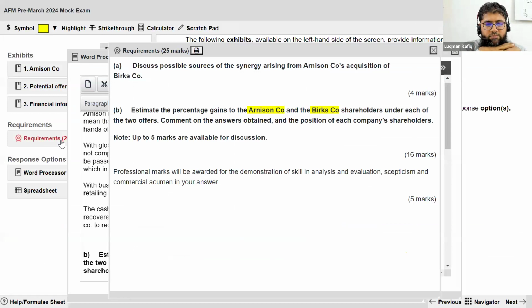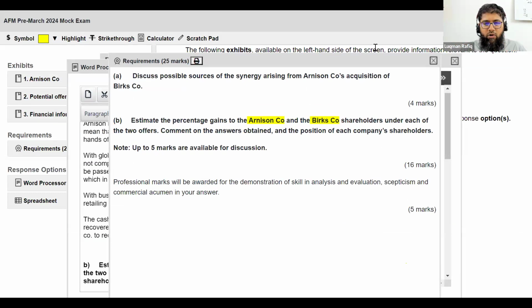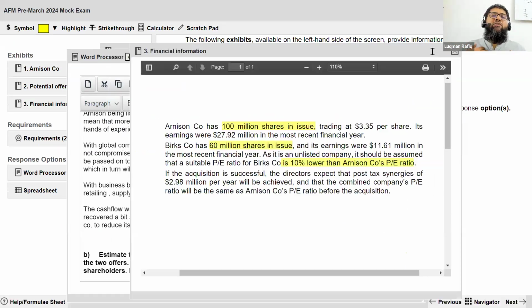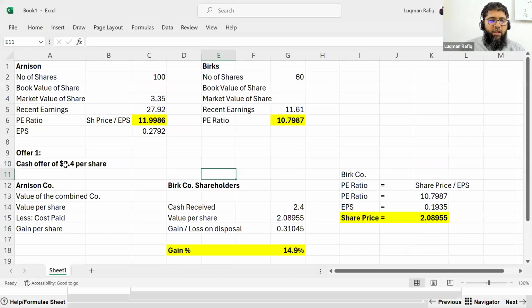See this question. It is asking you to calculate the percentage gains to each shareholder, to the Arnison company shareholder and to the Burke company shareholder. Now, I am a shareholder of Burke. Arnison tells me, look, take $2.4 per share.